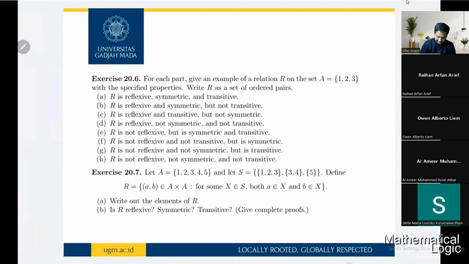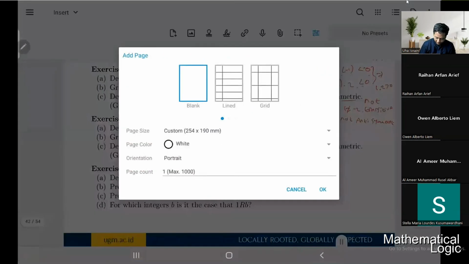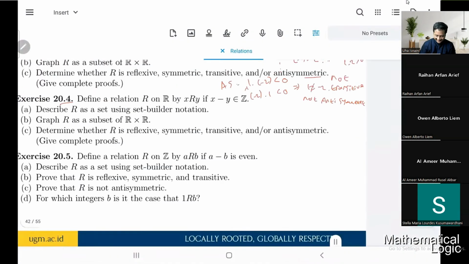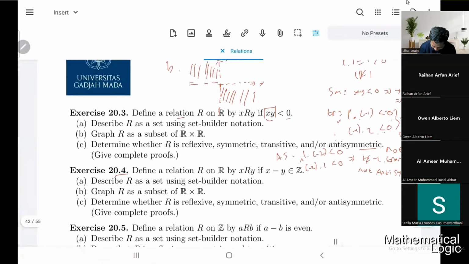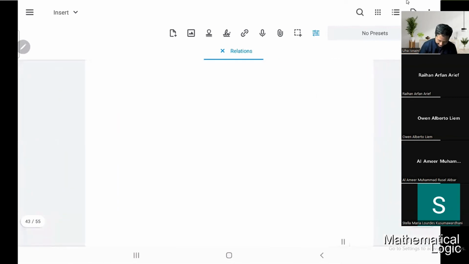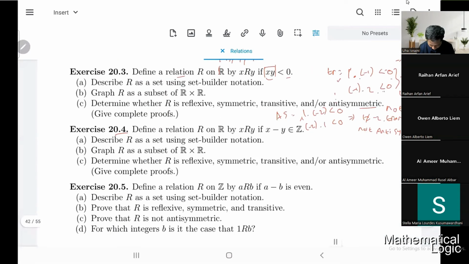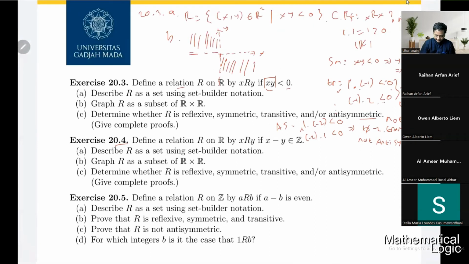So we just try to use all of our time. Okay, so again, 20.4. Here we want to describe R using set builder notation.